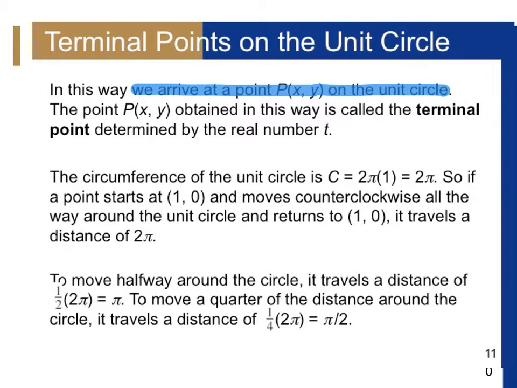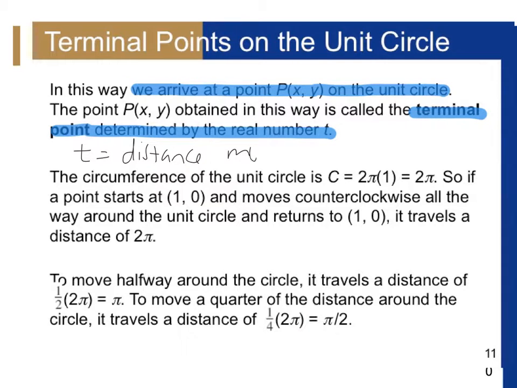This is called the terminal point determined by the real number t. So t was the distance that we moved along the unit circle.